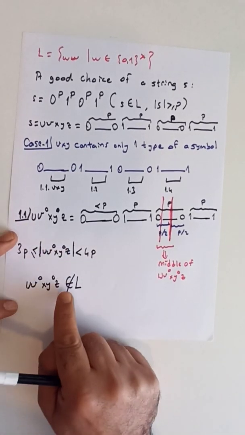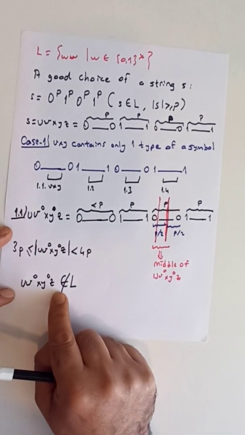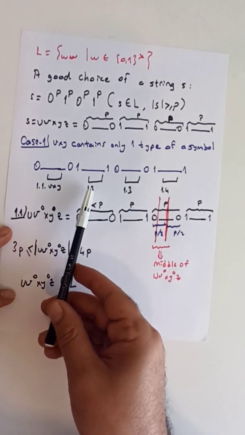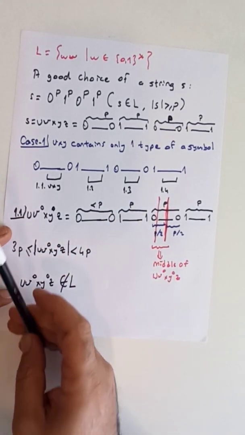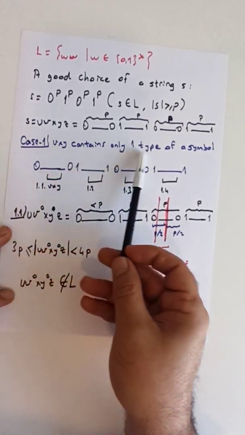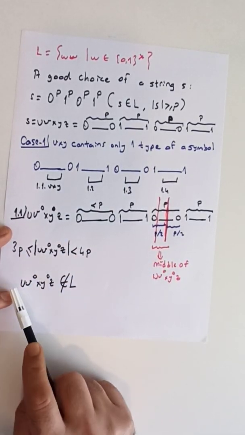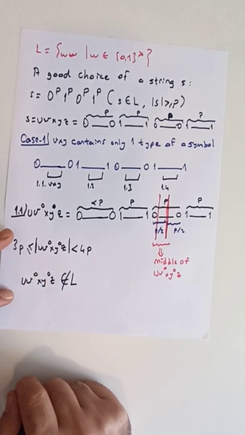Therefore, we can see that this new string does not belong to the language. We can repeat the same type of analysis for cases 1.2, 1.3, and 1.4 as well. This handles case 1. If vxy contains only one type of symbol, we can show that there exists some integer i such that uv to the i, xy to the i, z does not belong to the language.